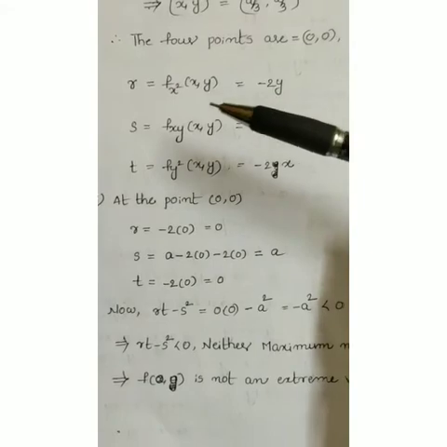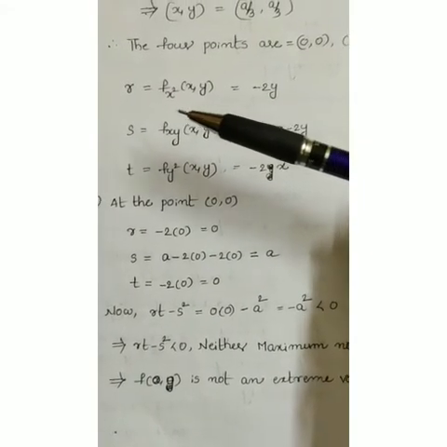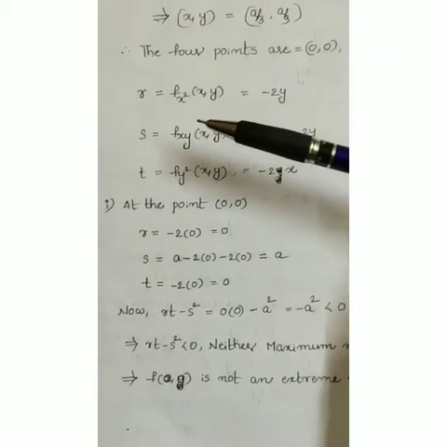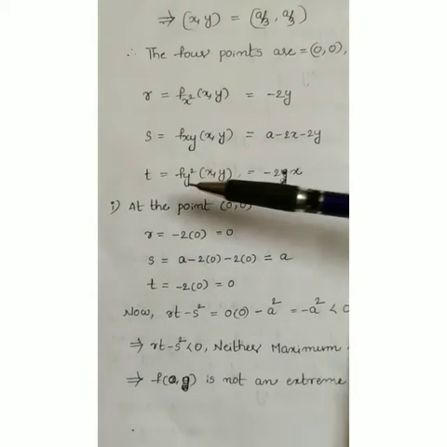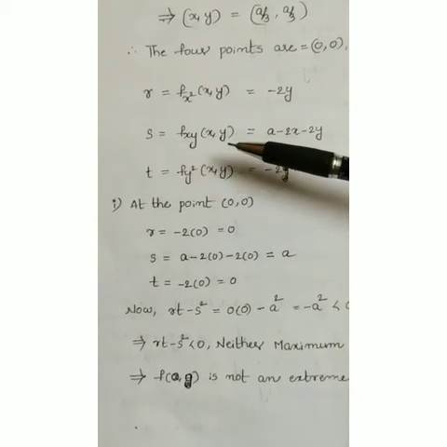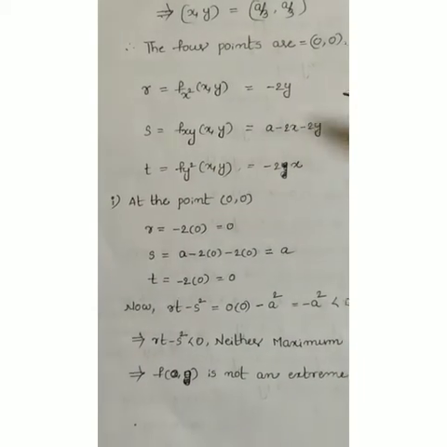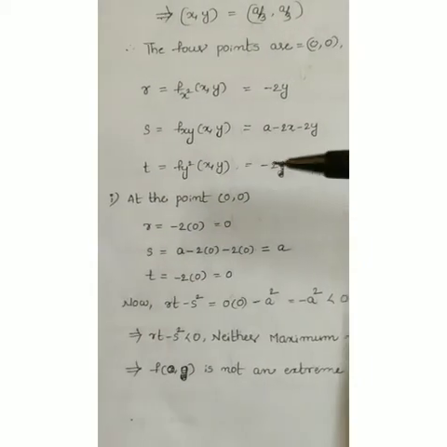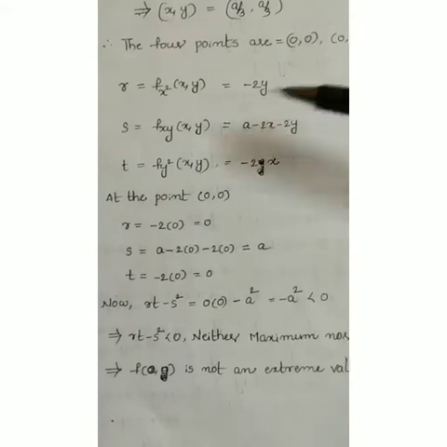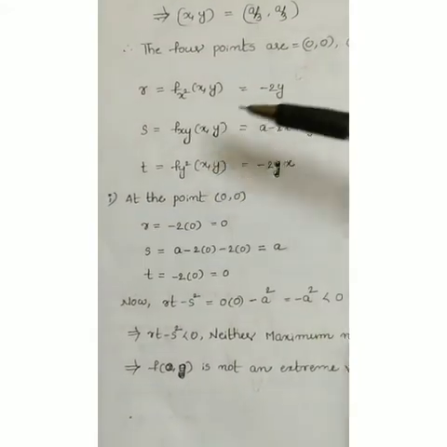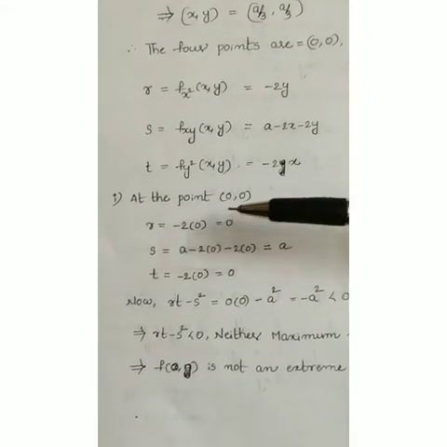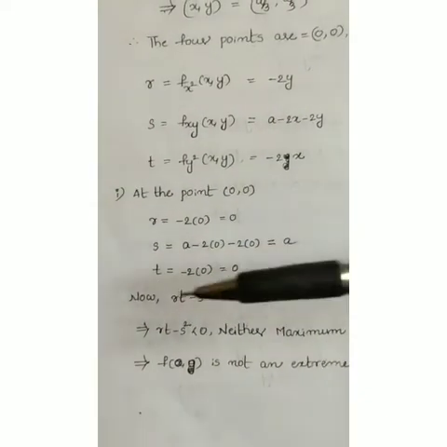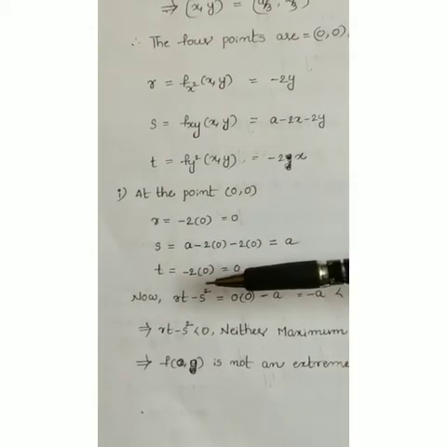Then the second order partial derivatives are r equal to fx square of x comma y, that is minus 2y, and s equal to fxy of x comma y, that is a minus 2x minus 2y, and t equal to fy square of x comma y, that is minus 2x. Now first one, at the point 0 comma 0, r equal to minus 2y, so minus 2 into 0 is 0, s equal to a minus 2 into 0 minus 2 into 0, that is a, t equal to minus 2 into 0, that is 0.